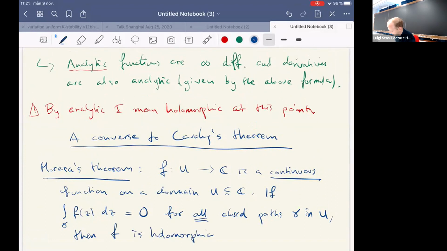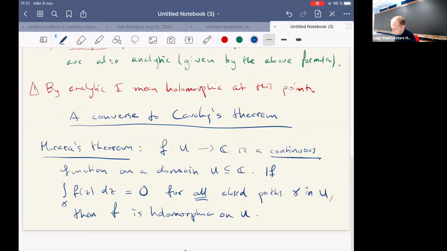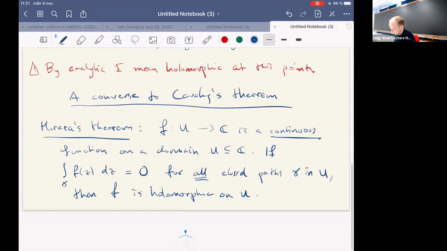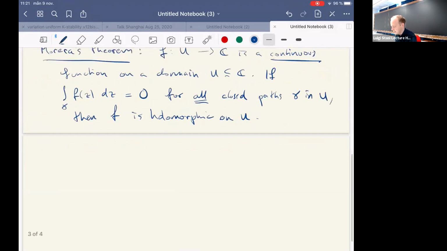It's also analytic, but it's holomorphic. And it's holomorphic on this set U. Okay, so we have this converse, Morera's theorem.